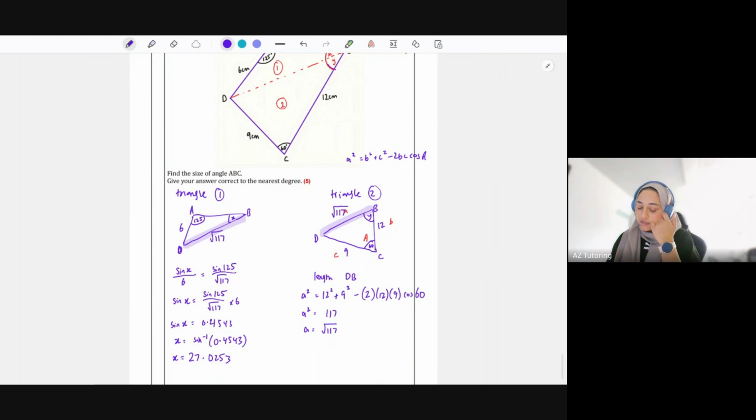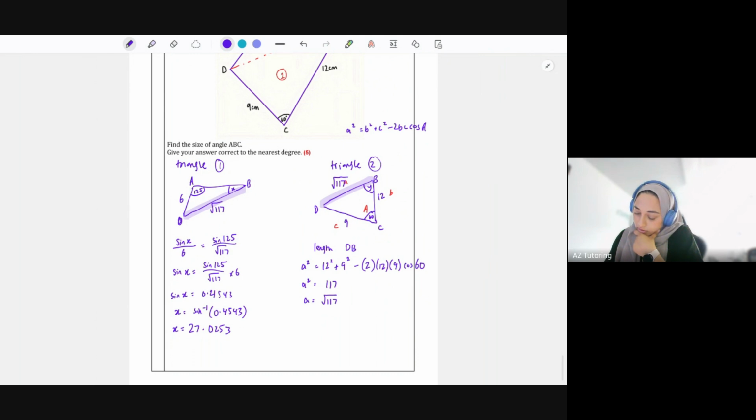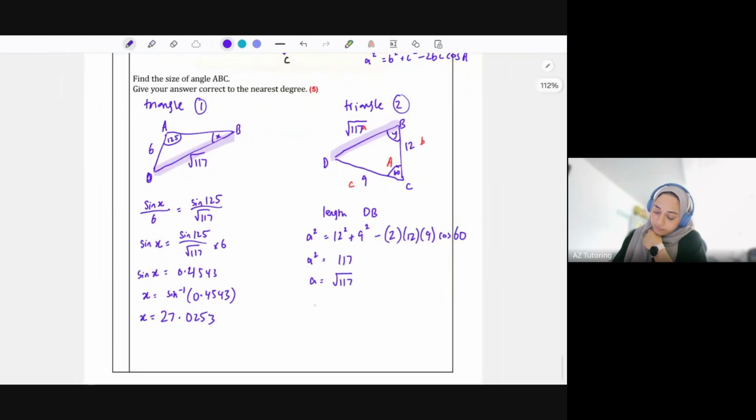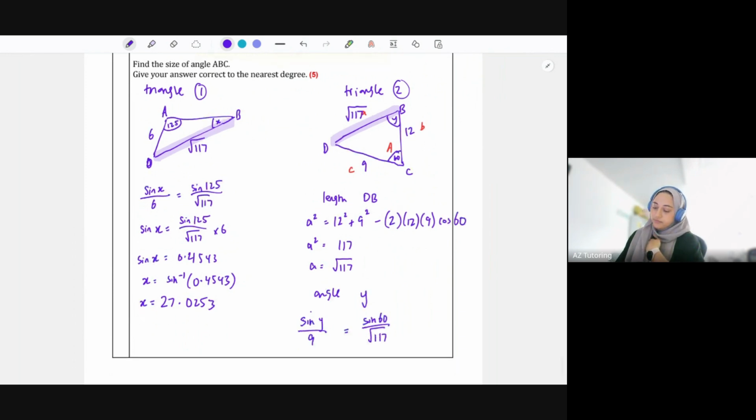Now let's go back to triangle 2. How could I work out y? I could use a sine rule as well. So y is opposite 9 and I've got 60. Yep, so let's use the sine rule to find angle y. So sine of y over 9 equals sine of 60 over root 117.